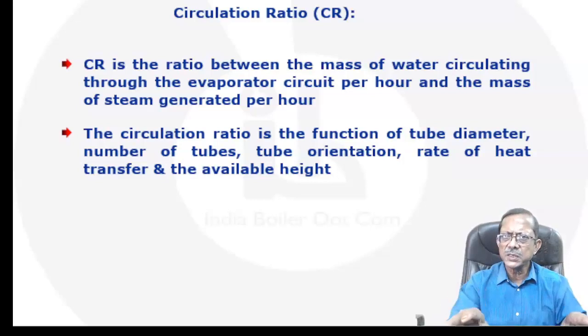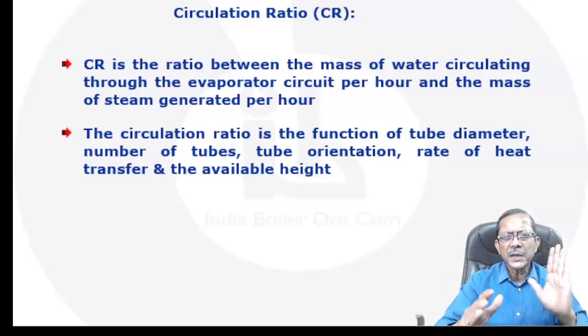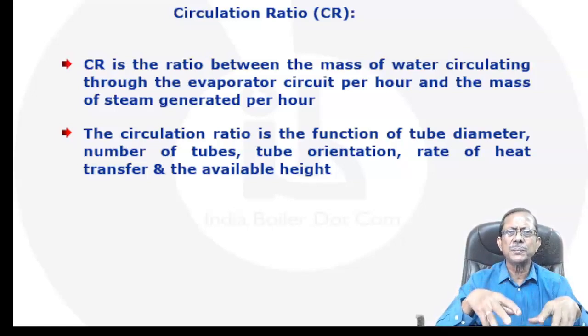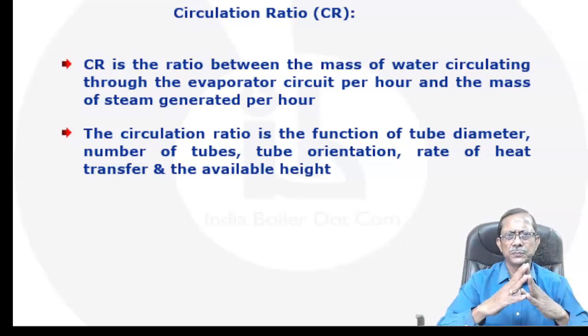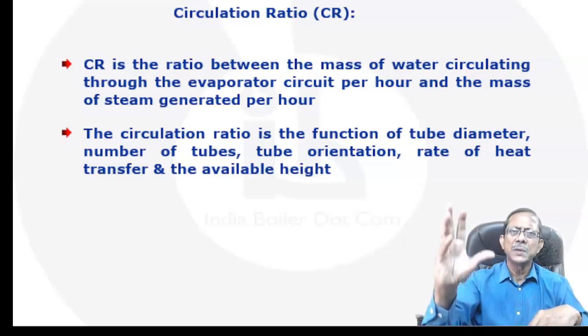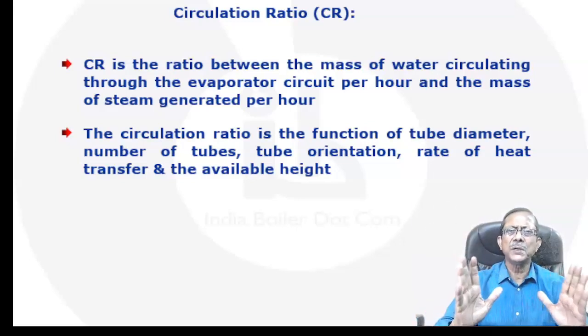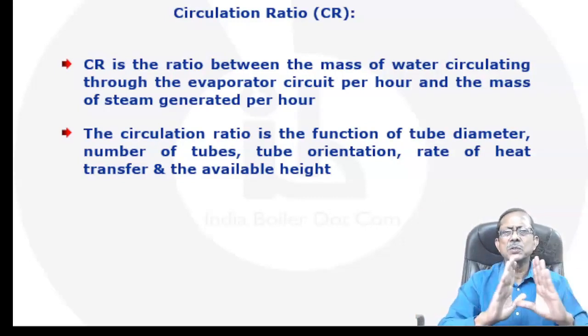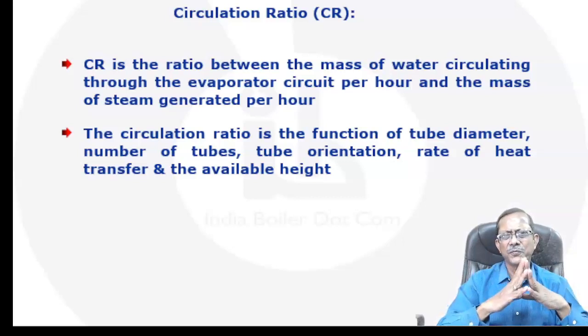So as I have already discussed, in a natural circulation boiler, the height of the drum level, the rate at which we are giving the heat, all these factors which are in our hand, we can possibly control and we should control. In a forced circulation system, having the circulating pump in good health, all those factors are controllable, so that is the area where we can control. So we don't need to know the circulation ratio. That is the basic point of fact.